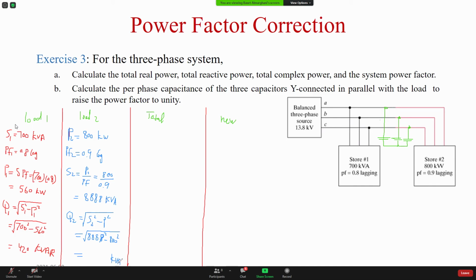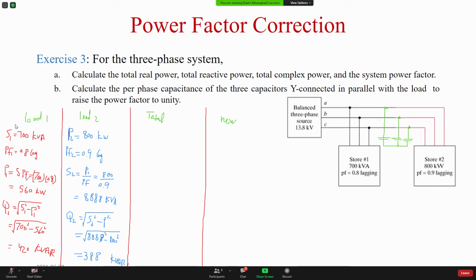Kilovolt ampere reactive is the value here. 388, okay, just round up.